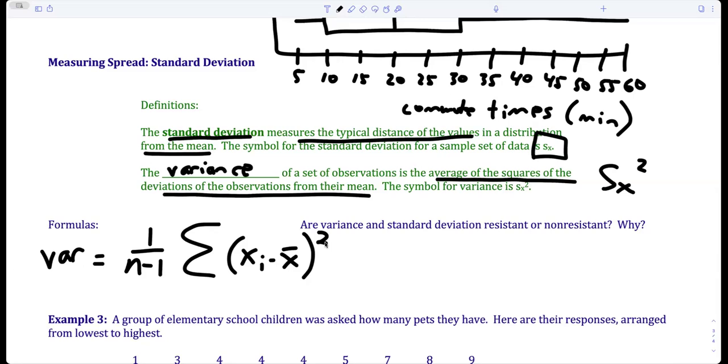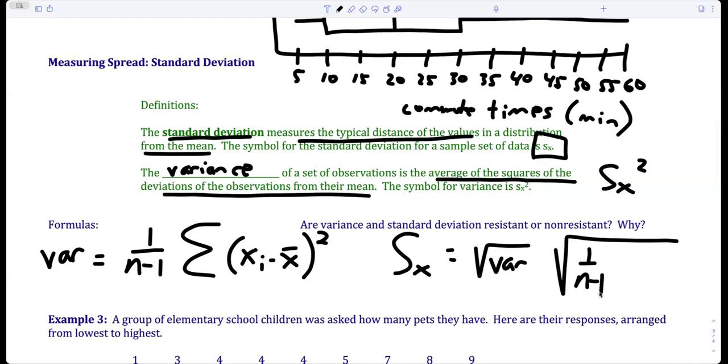It squares it because it's the variance, and the variance is the standard deviation squared. Then it adds all those up with the sum, and then we're going to divide by the total number of data points minus 1. Okay, the standard deviation is the square root of the variance. So it's the exact same formula, except we are going to take the square root of everything. So it would be the square root of 1 over n minus 1, times the sum of x sub i minus x bar, squared.